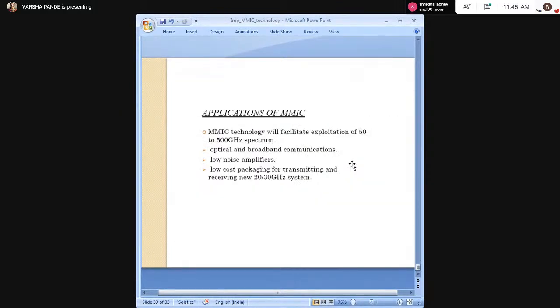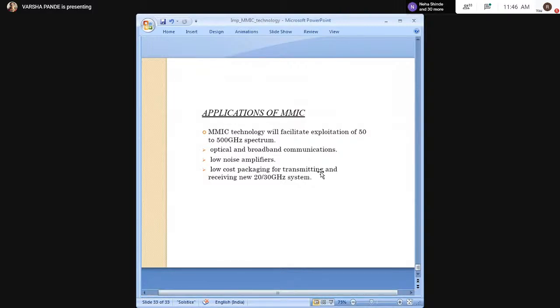Here application of MMIC, already I told you, in the microwave frequencies, all these monolithic integrated circuits are designed. Then optical and broadband communications can be used in low noise amplifiers, low cost packaging for transmitting and receiving in new 20 to 30 gigahertz systems. In a communication system, there are different blocks for the transmitter and different blocks for the receiver.